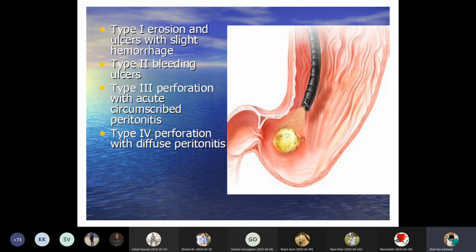A perforation may occur in the stomach, causing seepage or leakage of food into the abdomen, which may cause peritonitis. Acute circumscribed peritonitis is the initial stage of peritonitis, whereas the type 4 perforation may lead to a diffuse peritonitis.